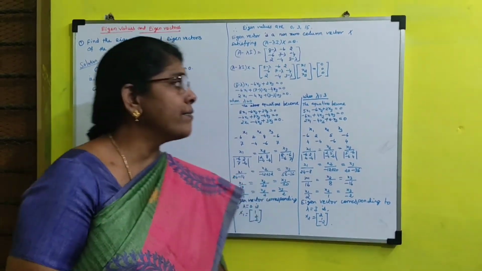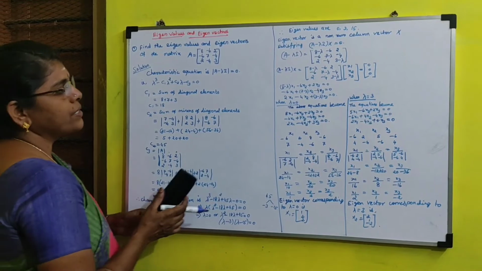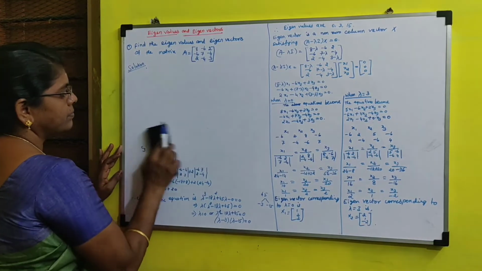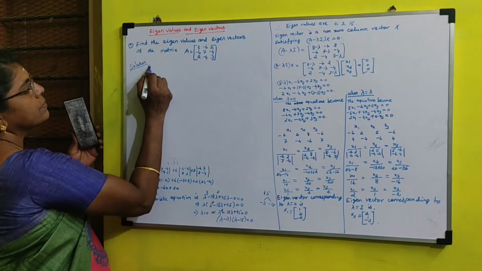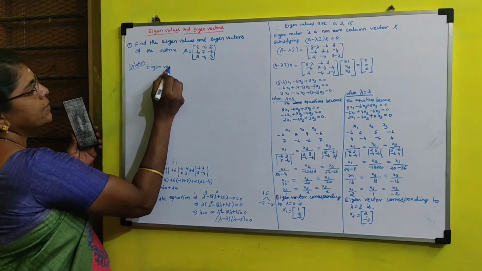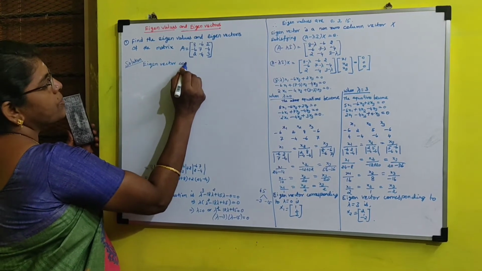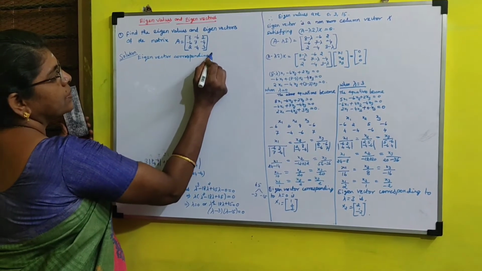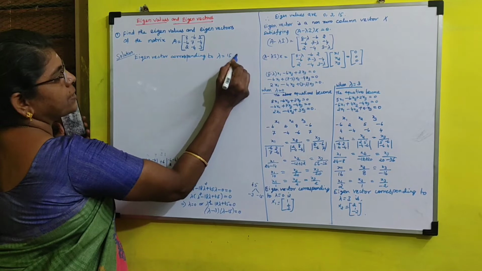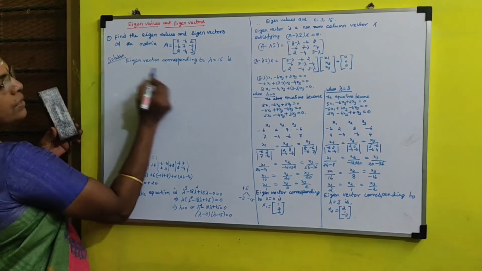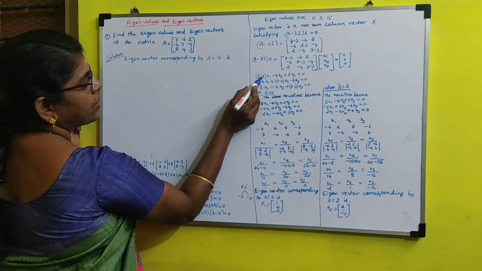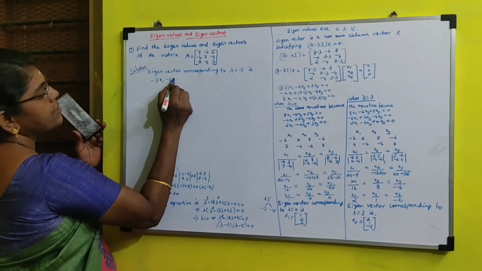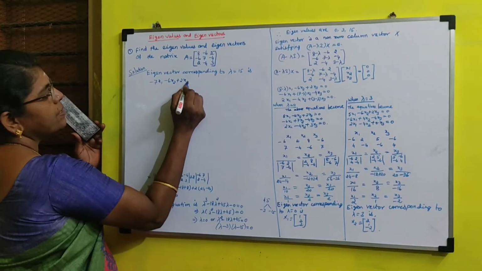Next let us find the eigenvector corresponding to lambda equal to 15. Here put lambda equal to 15, then we will have minus 7x1 minus 6x2 plus 2x3 equal to 0.